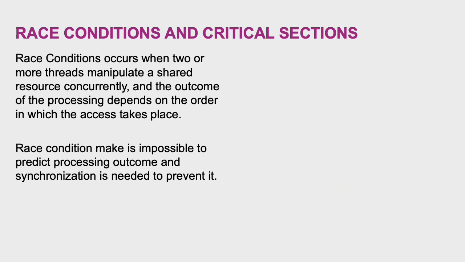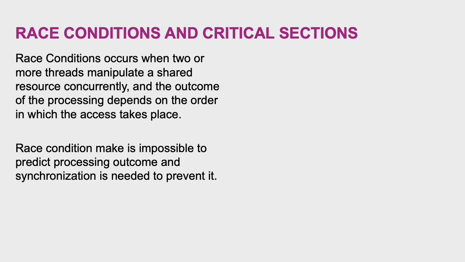What we discussed before is known as a race condition. Race conditions occur when two or more threads manipulate a shared resource in a concurrent way, and the outcome of the processing depends on the order in which the access takes place.